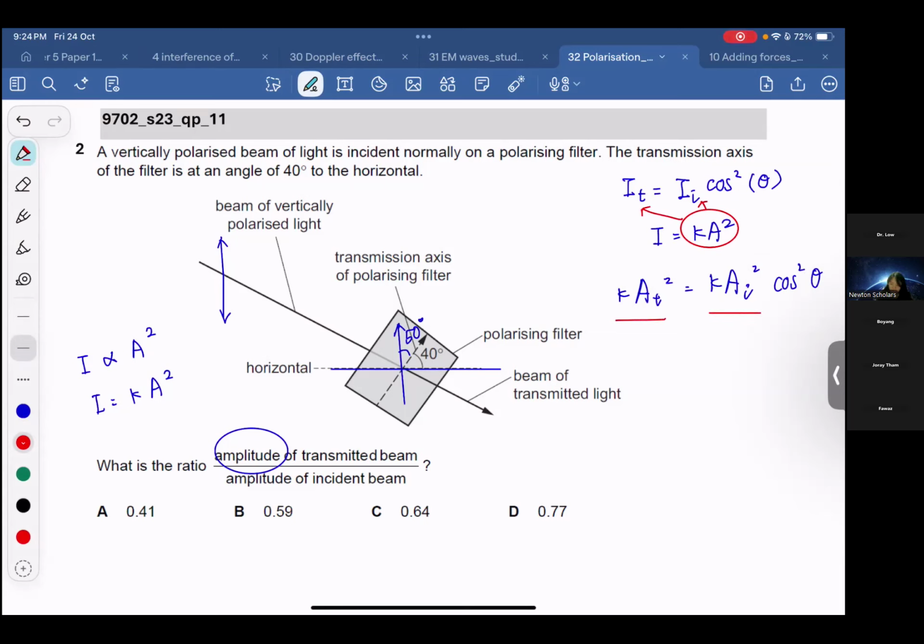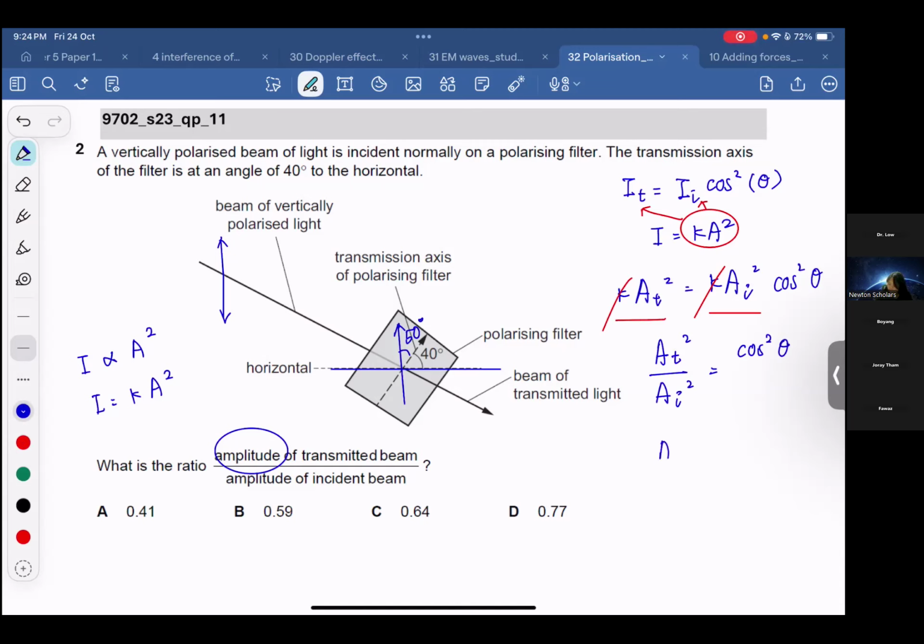Then the question is asking for A transmission over A incidence. So K and K we can cancel. Cos square delta. What is the delta?